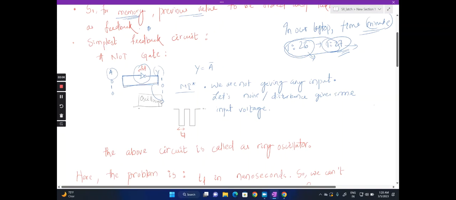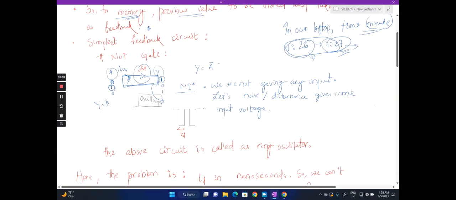Let's assume there is a disturbance, a noise, which causes a voltage to come in at A. Let's assume it is 0. So we will get 1 volt at Y, as Y is A bar, A complement. As A and Y are shorted, this 1 will come to A after some time delay TD.